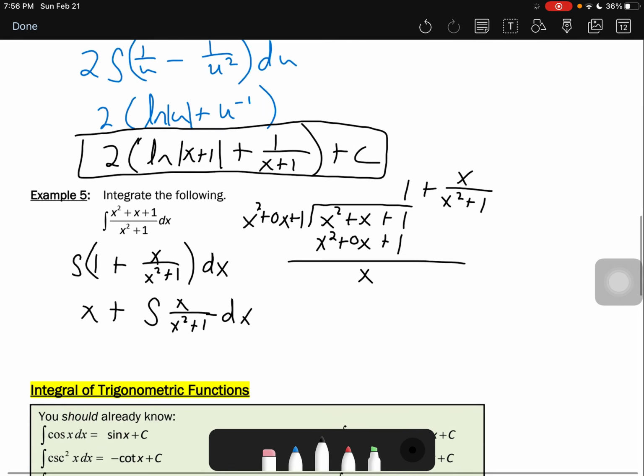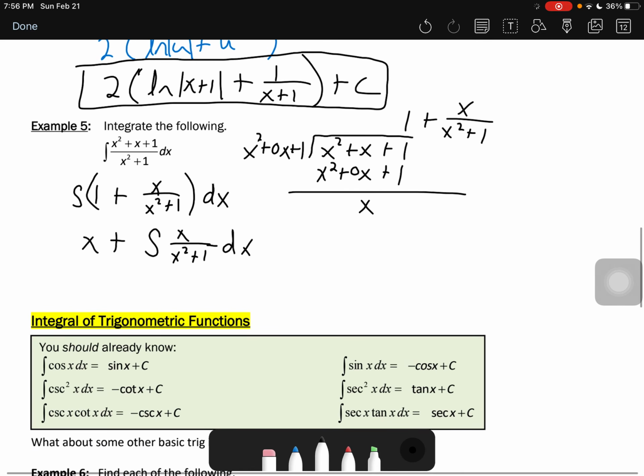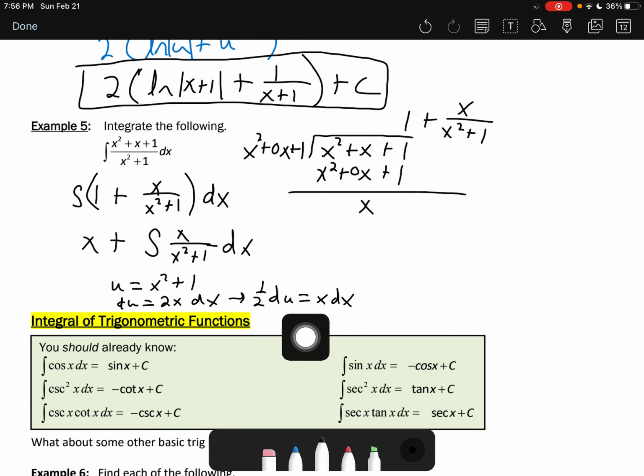You can see if u equals x squared plus 1, and du then equals 2x dx, which means 1/2 du equals x dx. Right? So now we've got that. That'll all substitute. I'll just have a 1/2 up front.